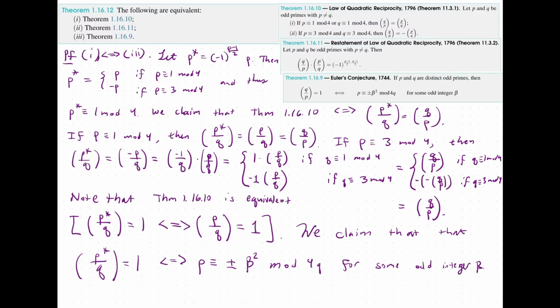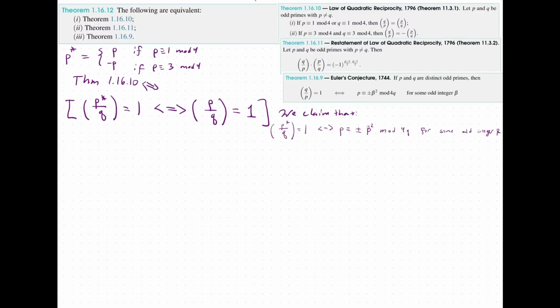So if we show this, we are done. Because now we have P star on Q is equal to 1. This will be equivalent to P on Q, which will then, if this is equal to 1, then P on Q is 1. And in turn, we end up getting the equivalence with the theorem that we want. And so this is what we are going to focus on.